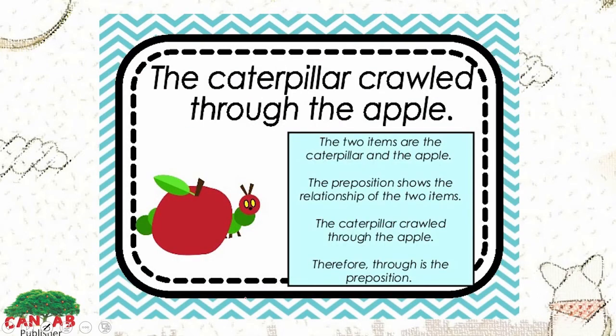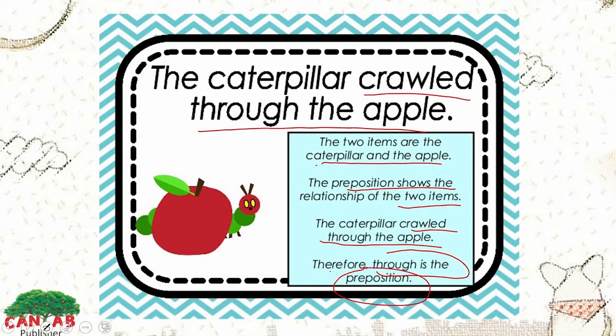Now, the caterpillar crawled through the apple. The two items are the caterpillar and apple. The preposition shows the relationship of the two items. The caterpillar crawled through the apple. Therefore, through is the preposition here.